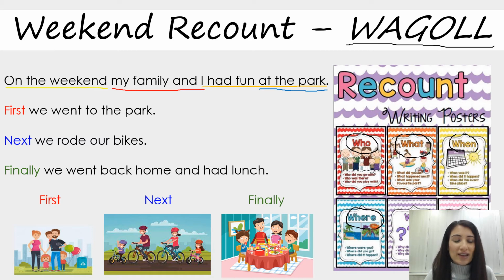And then you can see underneath my writing here, I've got some pictures showing what I have written about in my recount. So for the first picture, I can see my family and I going to the park. In the next picture, I can see us riding our bikes. And in the last picture, I can see us back at home having our lunch.